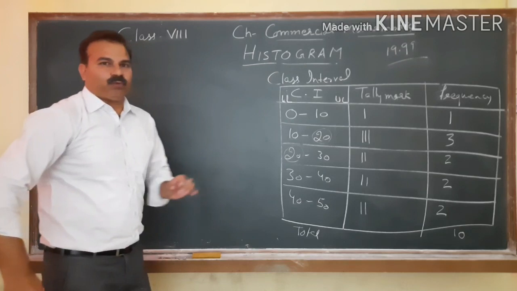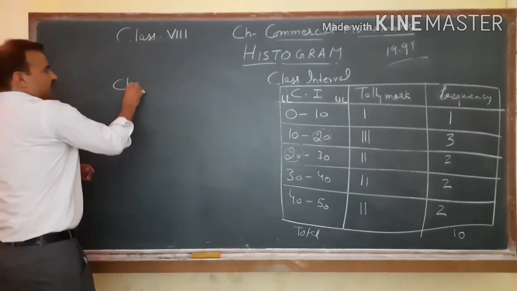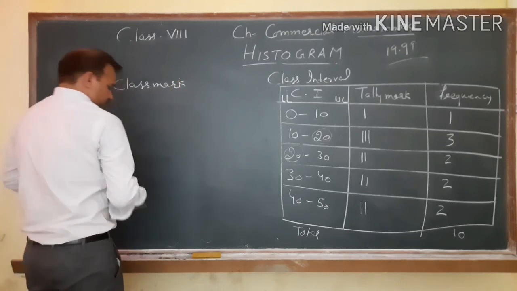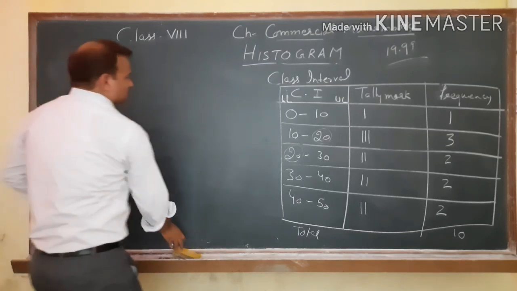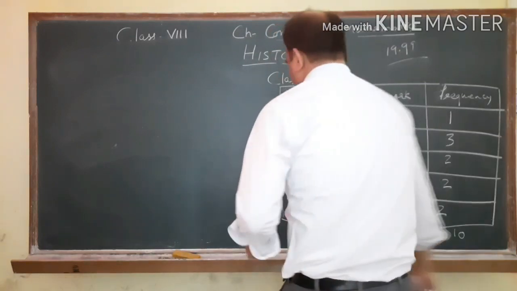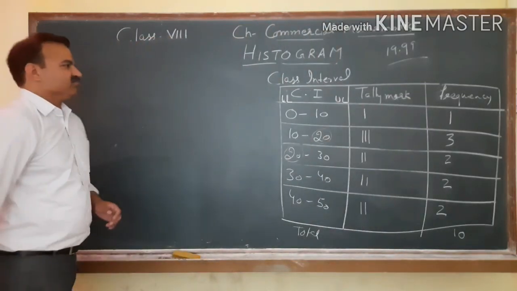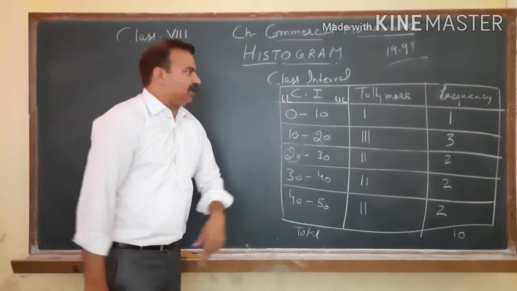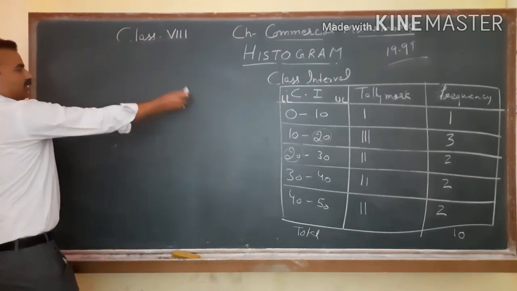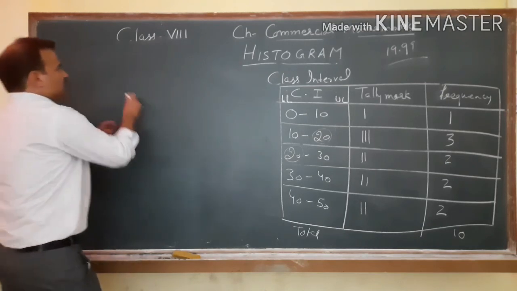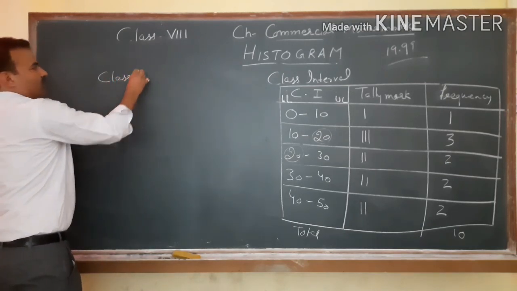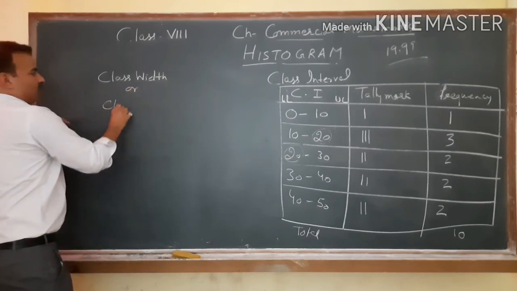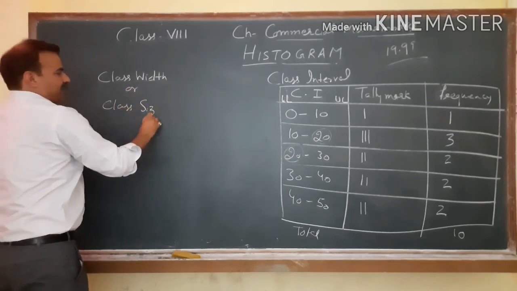Now the last point is the class mark. Just now I told you about the lower limit and the upper limit. The difference between the upper limit and the lower limit is known as the class width, or class size.